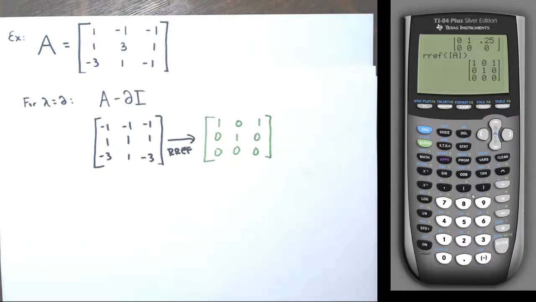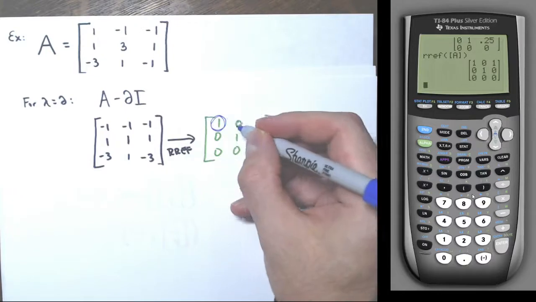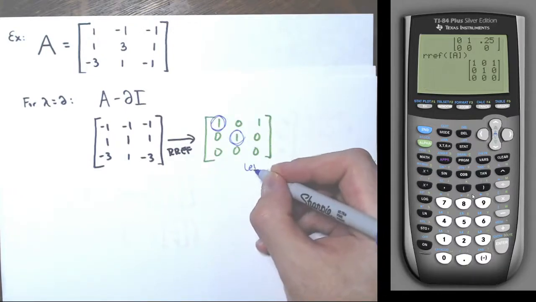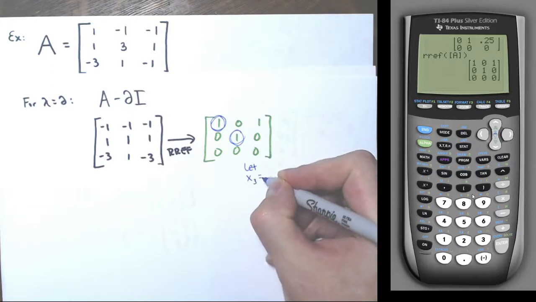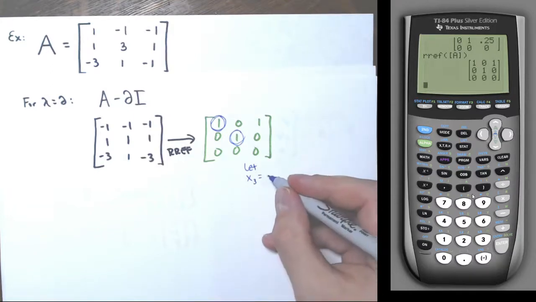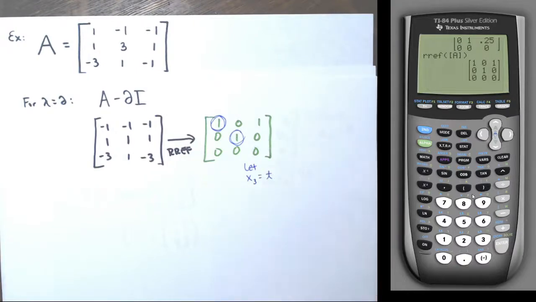All right, so looking at the pivots, those leading ones in the rows, there's a pivot in the first column, pivot in the second column. So again, the third column corresponds to x3, the third component of the vector x I'm looking for. There's no fractions here. Let's say x3 is t.